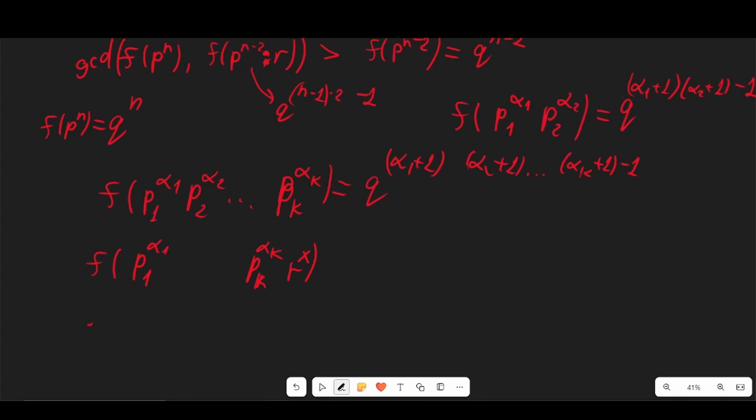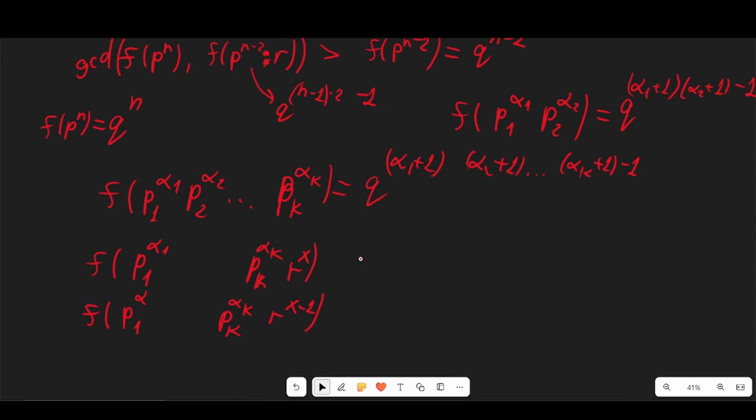Now we use the fact that if we know this for p1 to the alpha 1, up to pk to the alpha k, times r to the x minus 1. So we are making an induction for the power of r. Clearly, the power of r would be 0 in the beginning, and then we will show it for 1, 2, and so on.